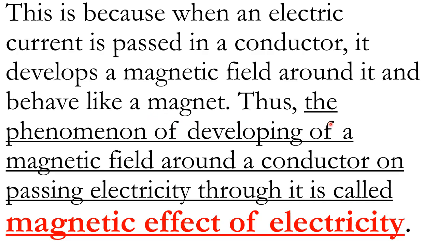Thus, the phenomenon of developing a magnetic field around a conductor on passing electricity through it is called magnetic effect of electricity. Once again, the phenomenon of developing a magnetic field around a conductor on passing electricity through it is called magnetic effect of electricity.